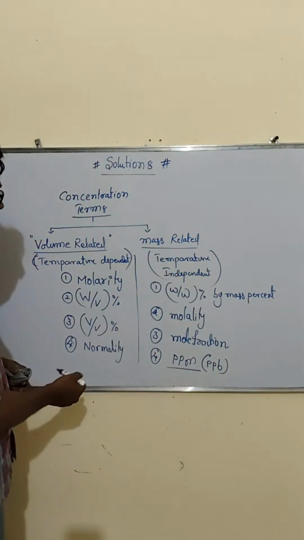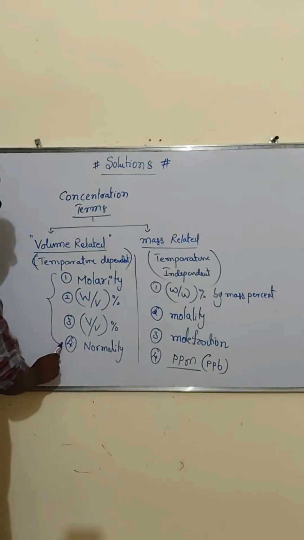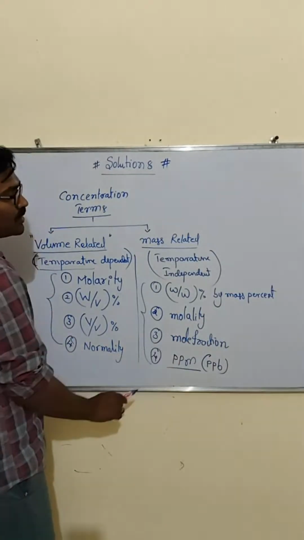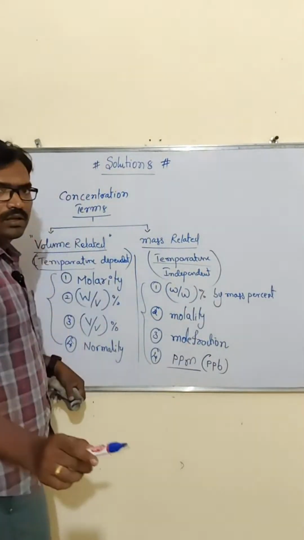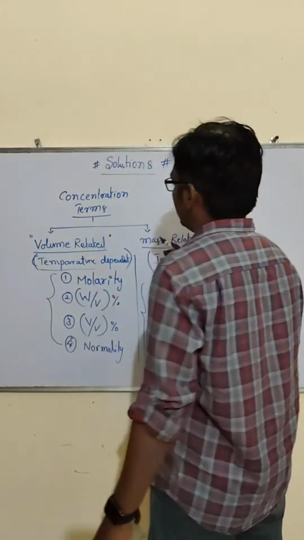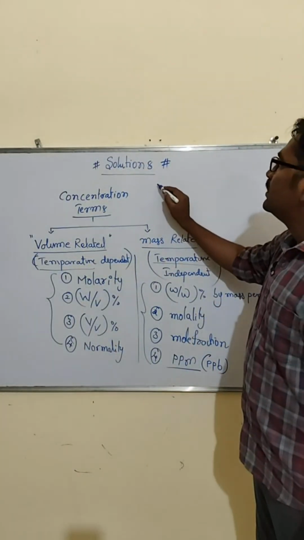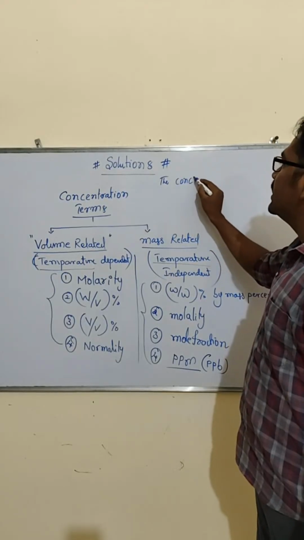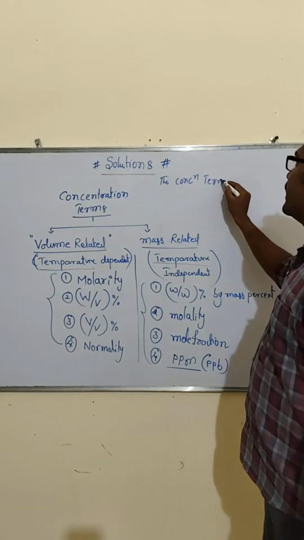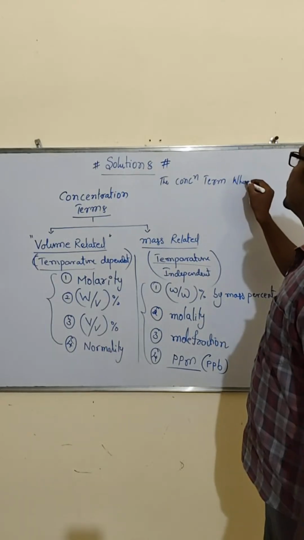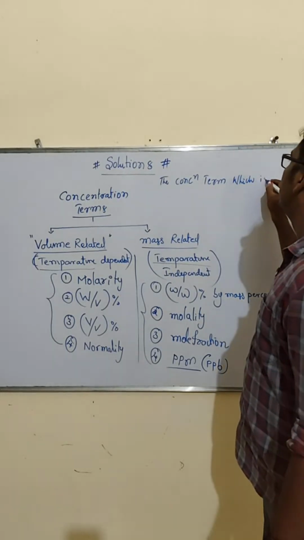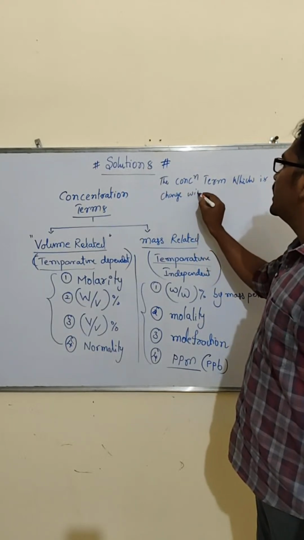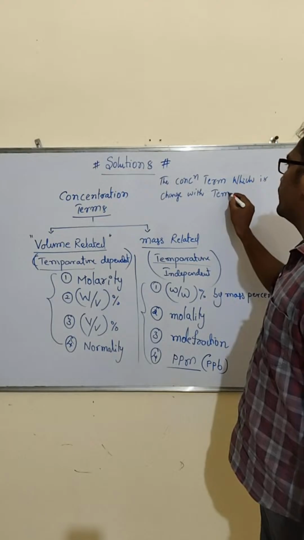Remember, the volume related concentration terms depend upon the temperature, and the mass related terms are independent of the temperature. They will ask a question based on this: which concentration term changes with the temperature?